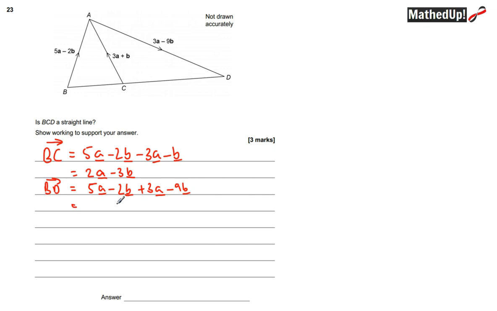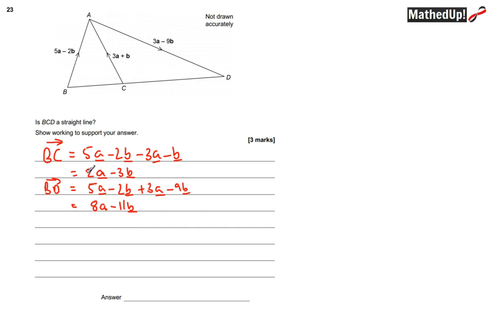Okay, and if we simplify that, we've got 5a plus 3a, which is 8a, and then we've got negative 2b take away 9b, which is going to be 8a take away 11b.